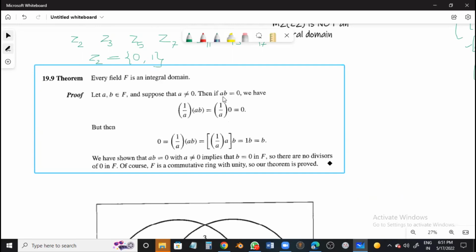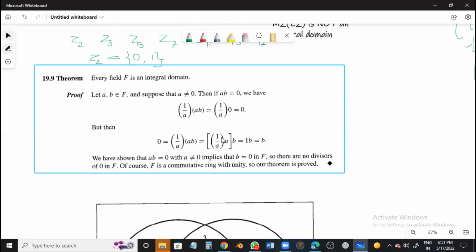Now if product AB is 0, because F is a field, every non-zero element is a unit element. It has inverse. So 1 by A exists. I pre-multiply by 1 by A. So what do I get? 1 by A into A is 1.